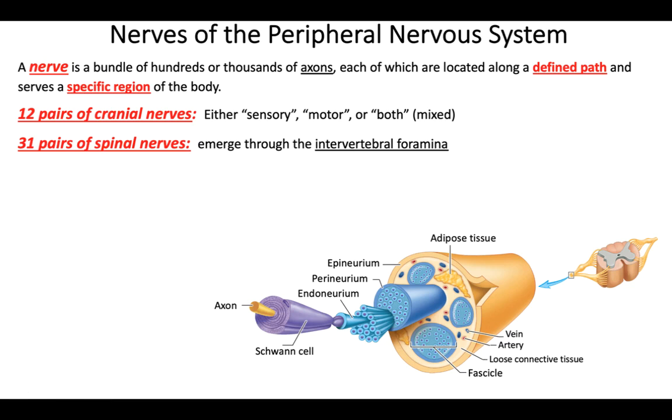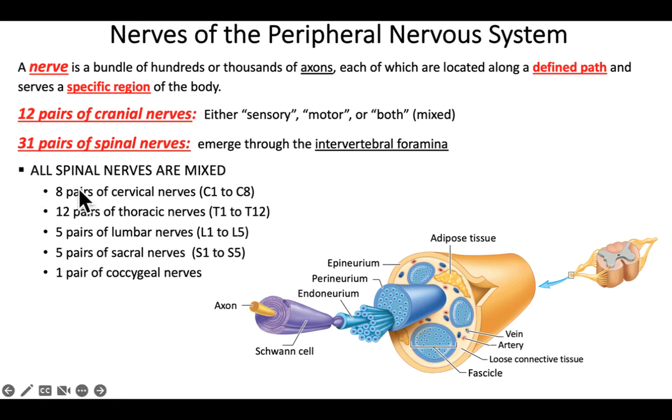As you go down a spinal cord, there are 31 pairs of spinal nerves attached. The first 8 pairs are cervicals, so we can refer to them as C1 to C8 spinal nerves. Then there are 12 thoracic spinal nerves, 5 lumbar spinal nerves, 5 pairs of sacral spinal nerves, and 1 pair of coccygeal nerves.